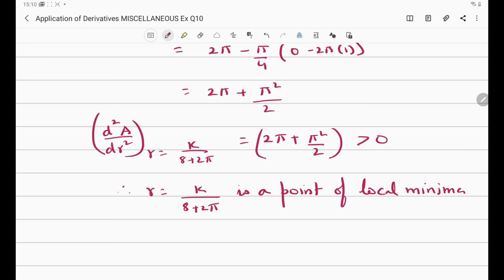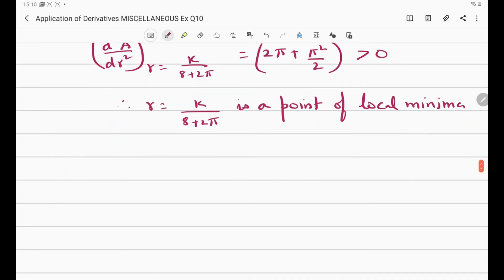Which means that at r equal to k by 8 plus 2 pi, A is minimum. Now when A is minimum, okay, so r equal to k by 8 plus 2 pi.